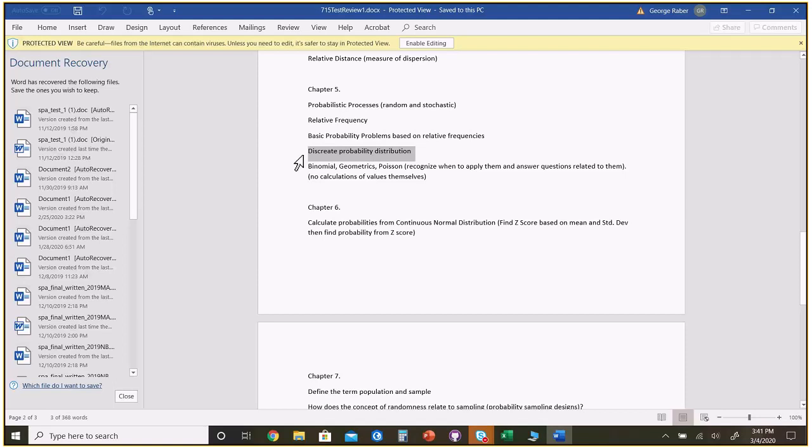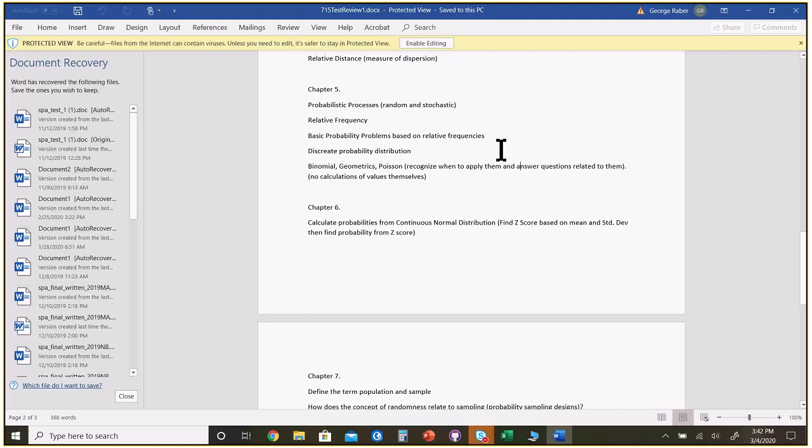Okay. So discrete probability distribution. Here's where we're going to get into binomial, geometric, and Poisson distributions. We're not going to actually calculate any of this on the test, but I will have pre-filled out tables, and you'll need to recognize which table applies to your situation, and answer questions by looking up the values on the table.